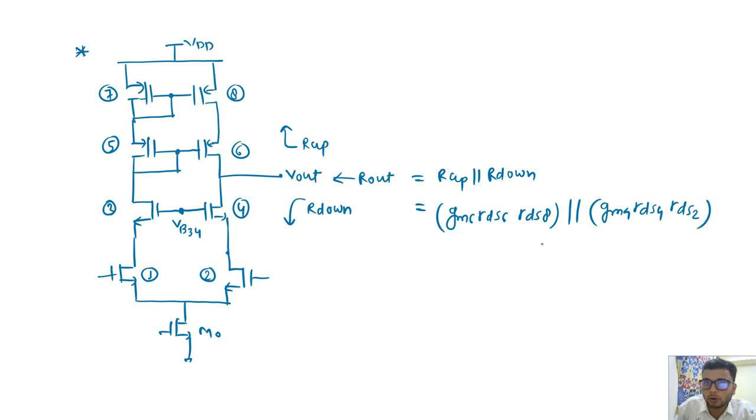In all these calculations, I am considering this node a virtual short. So you can do this exercise and find this. Now R out is increased much.